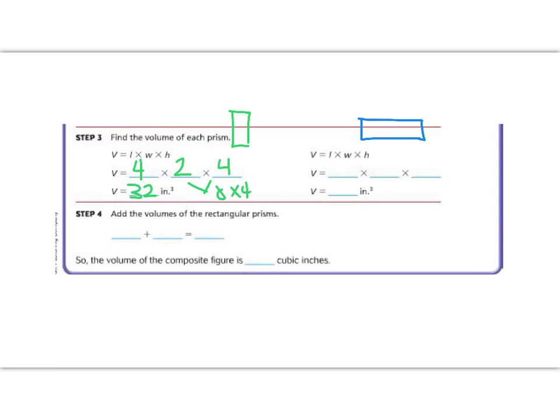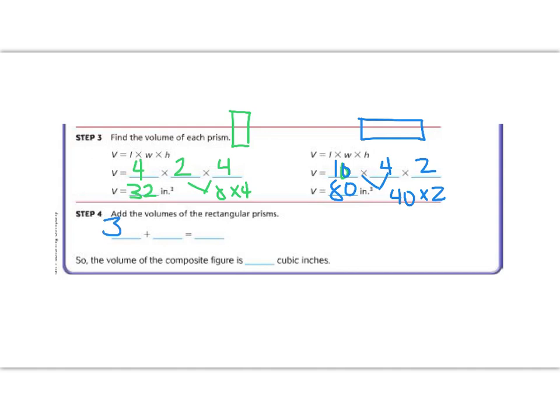The bottom box we found was 10 by 4 by 2. 10 times 4 is 40, and 40 times 2 gives me 80. And now, since the boxes were one and we took them apart, we need to add both pieces back together.